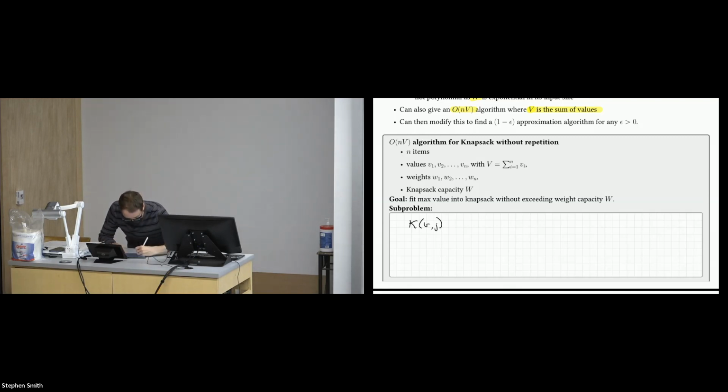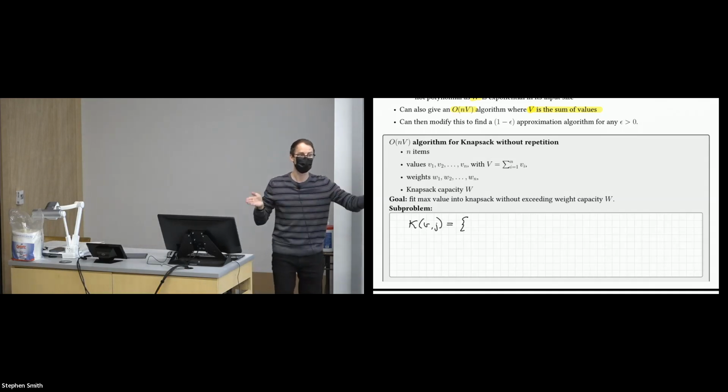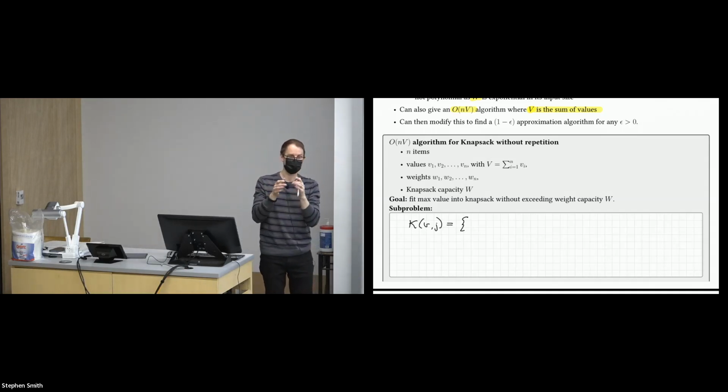So now instead, K(V, j). Before, with K, we recorded the best value I could obtain using items only 1 through j and a knapsack of capacity some small lowercase w.